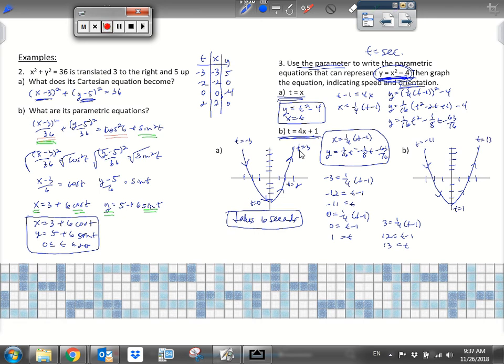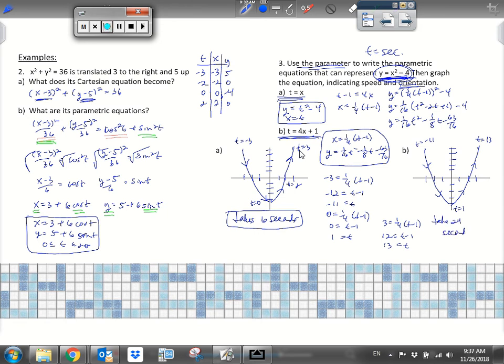So although we make the same graph with this set of parametric equations, we travel the graph at a different speed, completely different, because the parameters were different. So in this particular configuration, it actually took us 24 seconds to make the same path, the same distance as the original one did. So this would take 24 seconds.